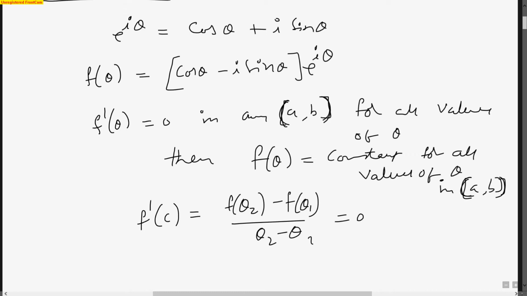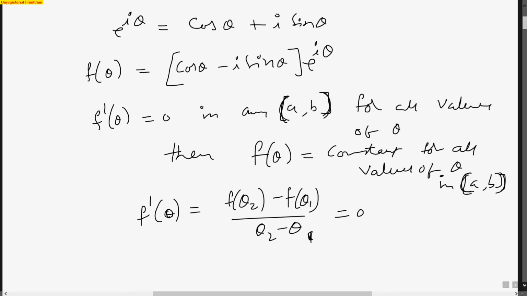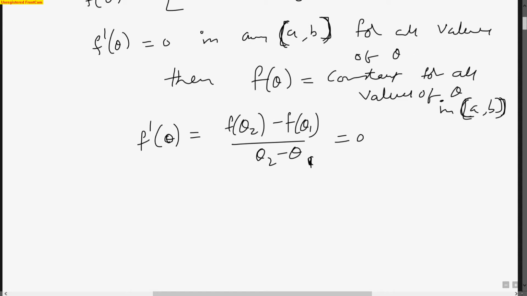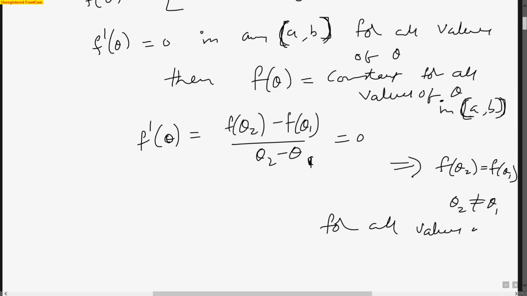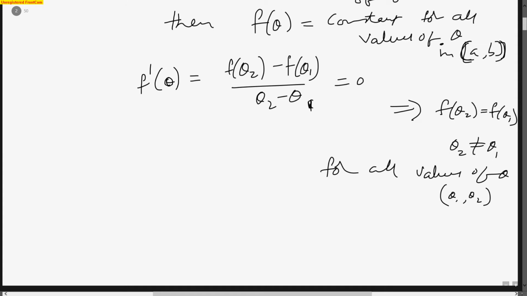When f prime theta is equal to 0, this implies f of theta 2 is equal to f of theta 1, where theta 2 is not equal to theta 1, for all values of theta in between theta 1 and theta 2. So this is called the mean value theorem.